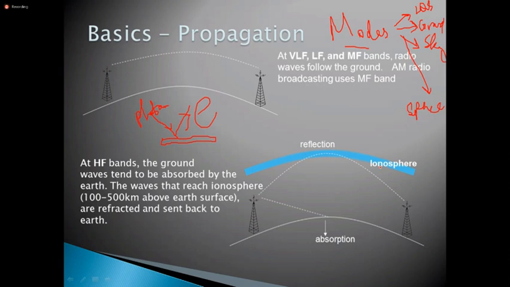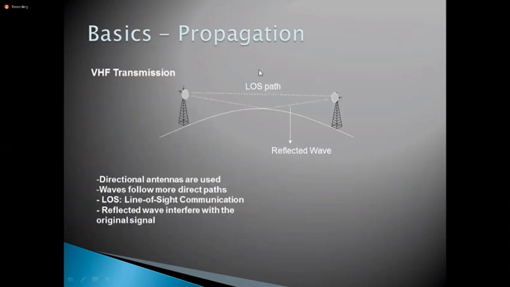Now, what happens is, when we transmit radio waves in line of sight propagation, there is a certain issue. What is that issue? For the transmitter and the receiver to be line of sight with each other, the Earth's curvature should not affect the line of sight propagation, right?